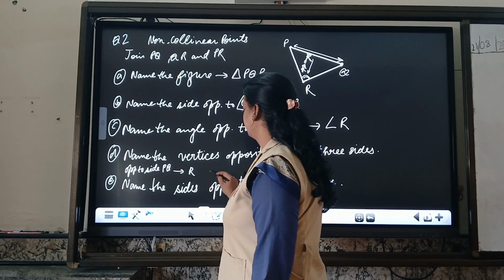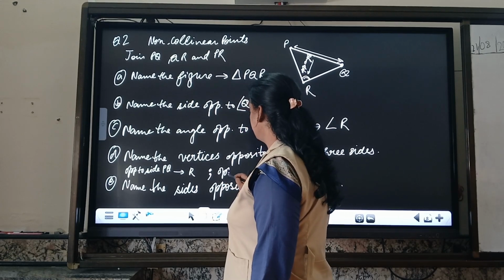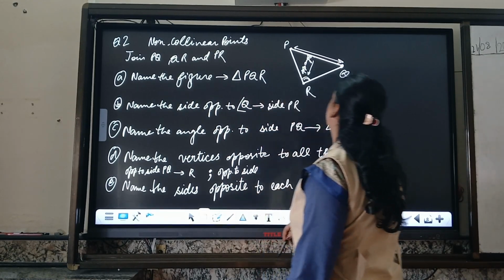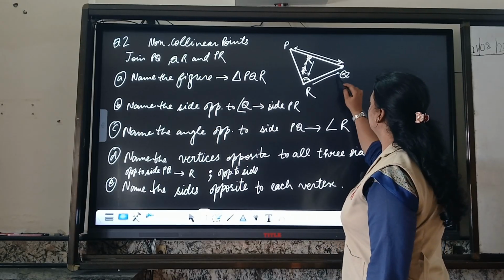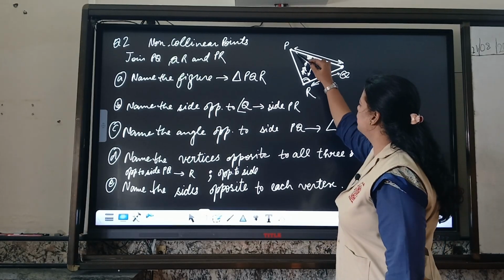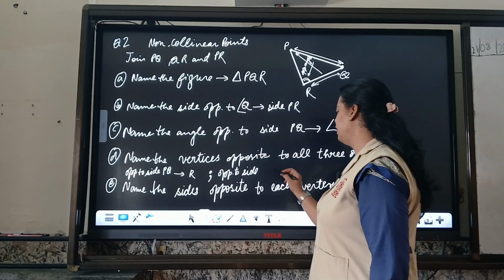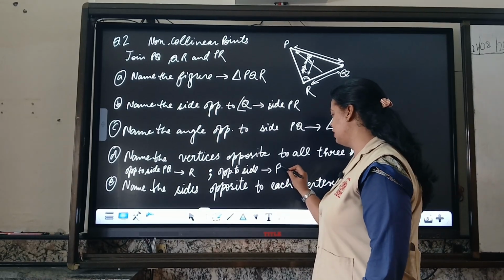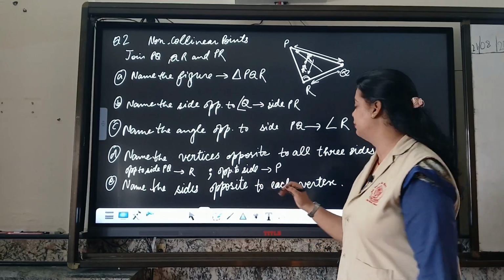Now if I am taking RQ, which one is opposite? It is vertex P. Here we are talking about the vertex, so I will not show the symbol of angle.